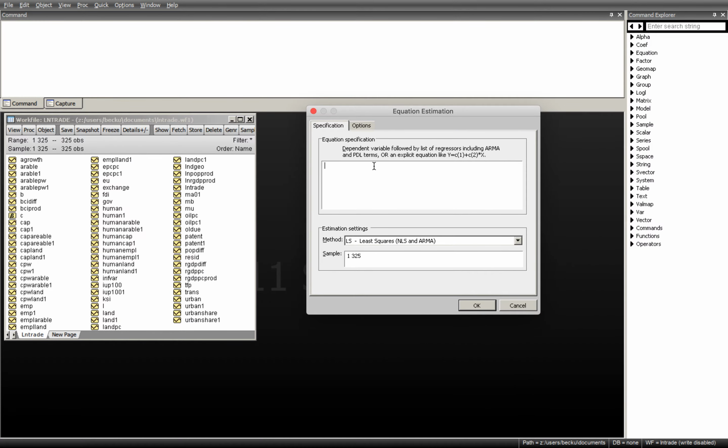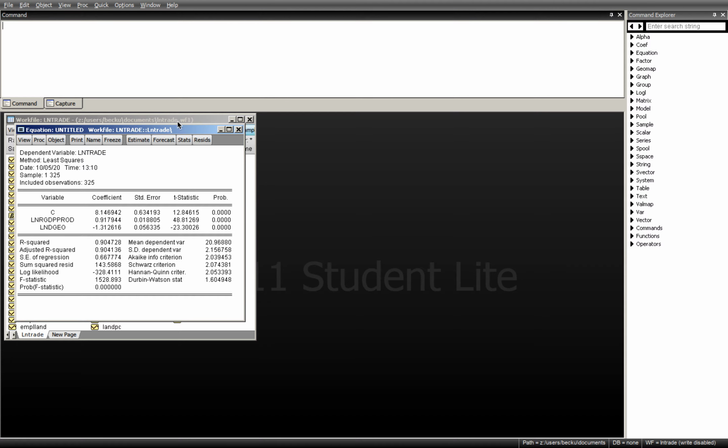Our dependent variable is ln trade. Then we add a constant, ln real GDP prod, and ln DGO, which is geographical distance, and enter.